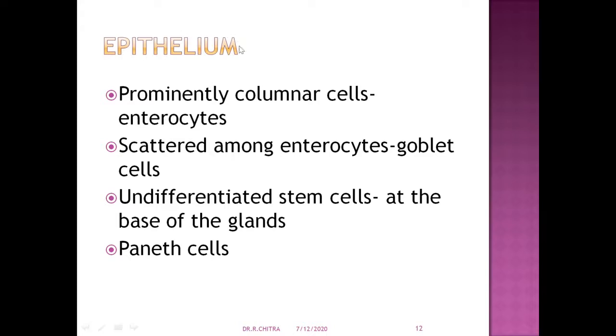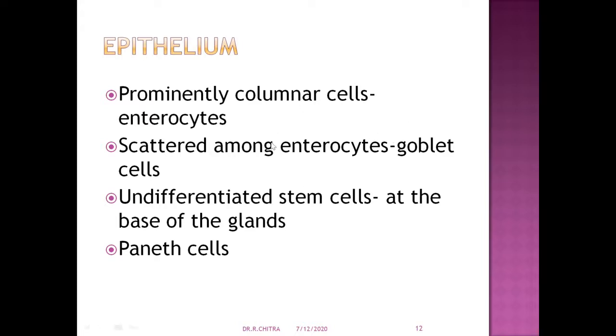We are now starting with the epithelium of the small intestine, same as the epithelium of the GIT, simple columnar. Along with this, we have some other cells, which we will also see. This is prominently columnar cells. They will be called the enterocytes. Scattered among the enterocytes, we have the goblet cells. Goblet cells are found in two systems of the body: one is the GIT and the other is the respiratory system.